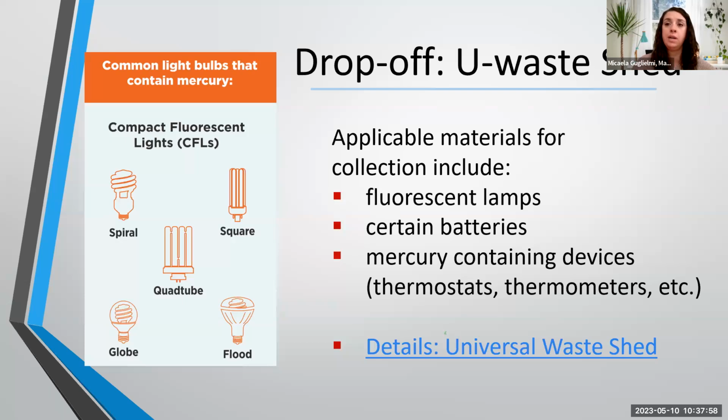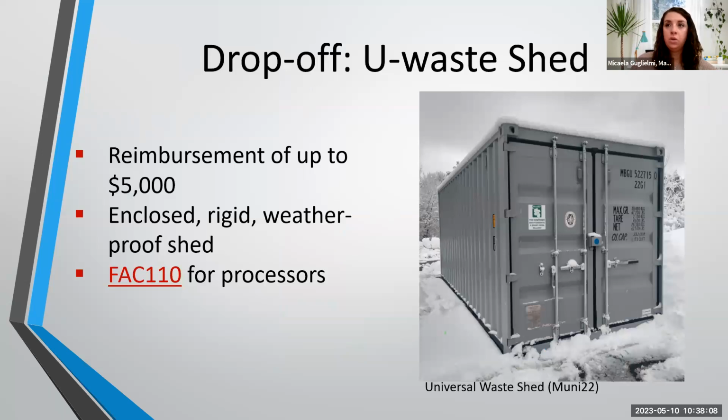And this is also a one-time grant. So if you've already been awarded a shed in the past, you won't be able to get another one. And so, yeah, this is a grant for up to $5,000 reimbursement. This photo is from a past grantee this past year, who you'll see has that nice sticker on their shed that says funded from DEP, which we do require.